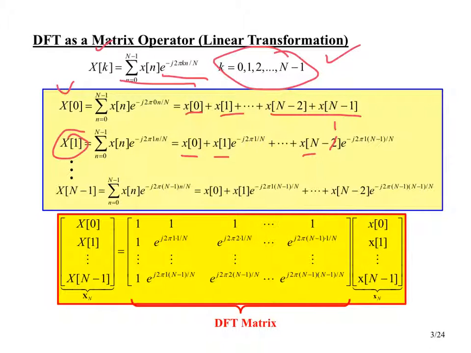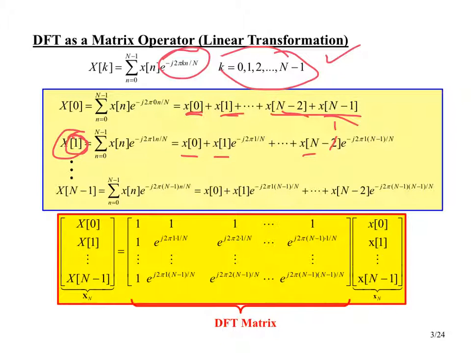Revisiting this top one, when we set k equal to 0, we get e to the j0, which is 1, so that's why we just get the samples there. Now we go to k equal to 1, we get e to the minus j 2 pi n over capital N, since k is equal to 1.